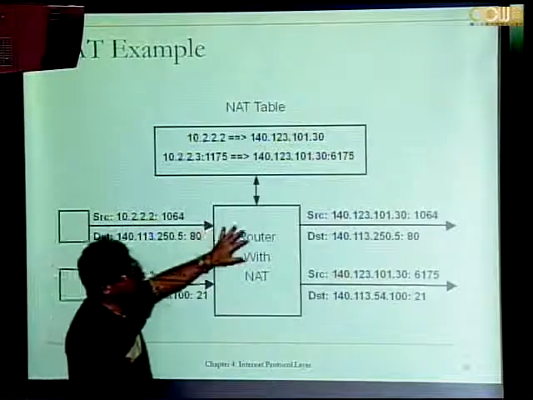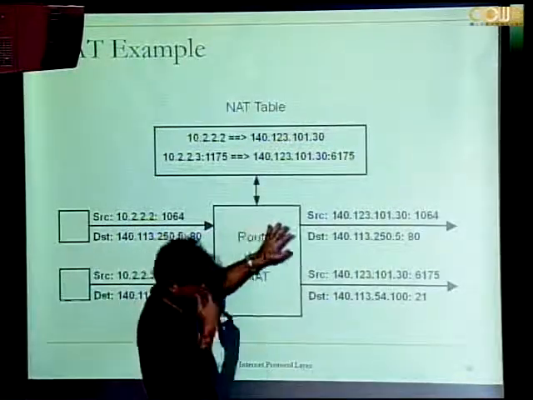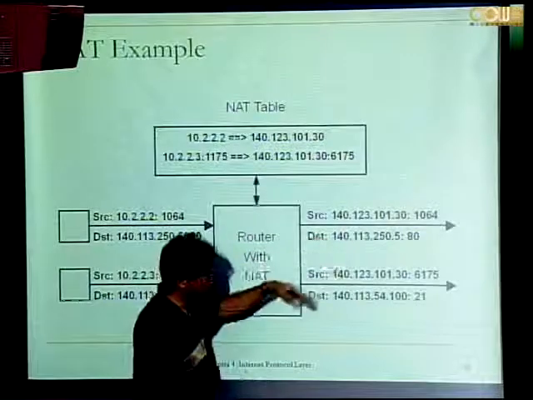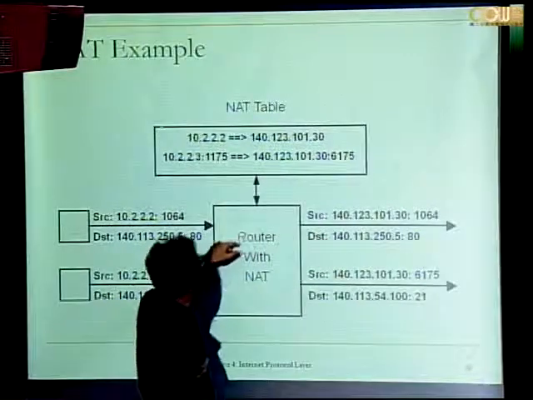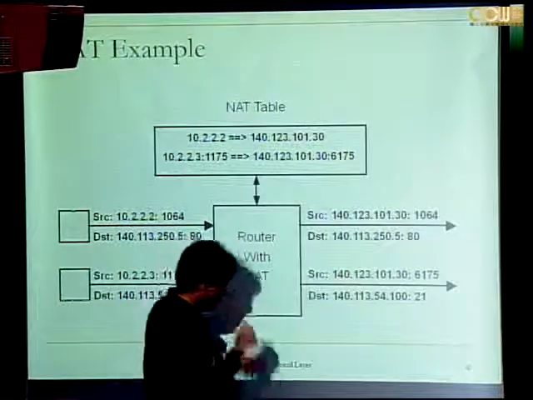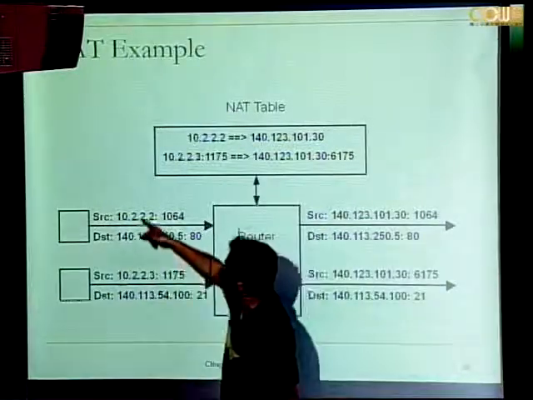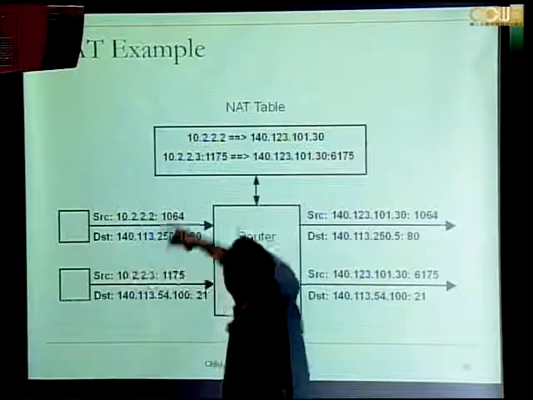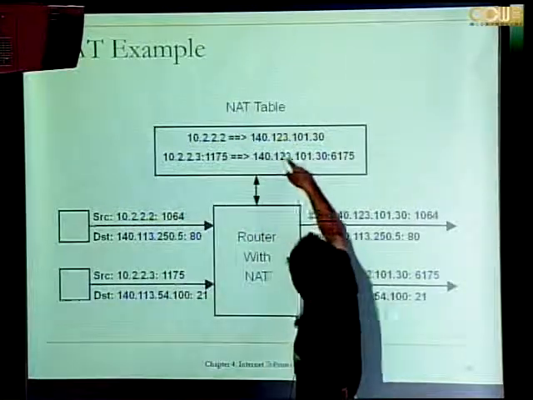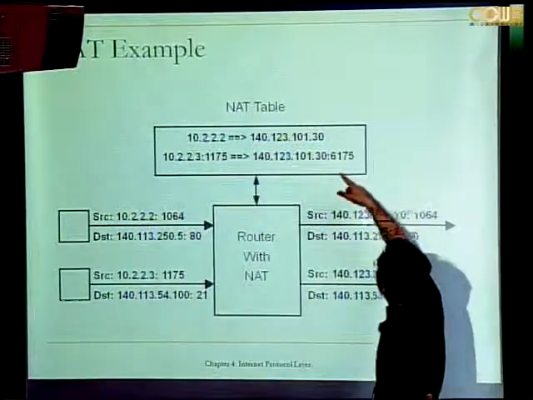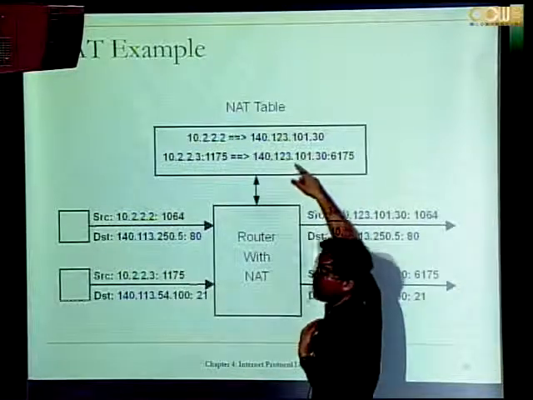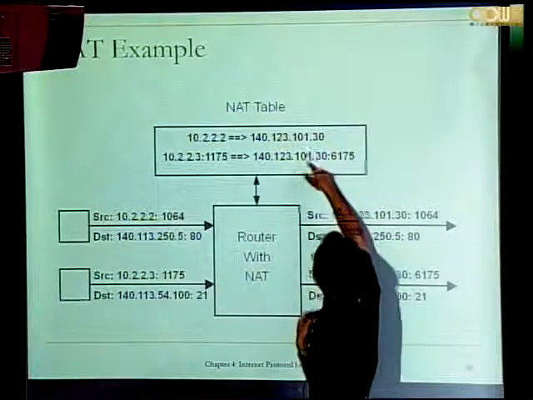And when these 2 hosts are sending packets through the NAT to the public internet, their IP address and port number will be translated. See, their IP addresses are different, but they are private. So they need to be translated into public IP addresses. And here we have only one public IP address, which is this.